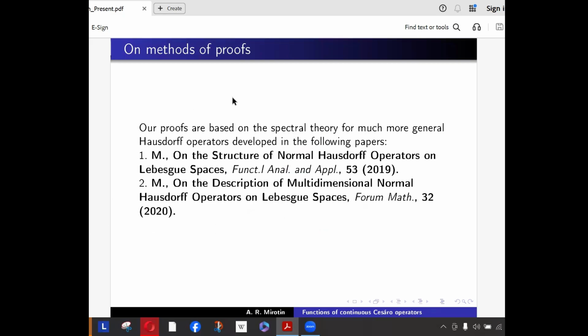What about the method? The methods of proofs are based on the general theory of multidimensional normal Hausdorff operators, and this theory was developed in the following two papers in Functional Analysis and Its Applications 2020 and Forum Mathematicum also 2020.